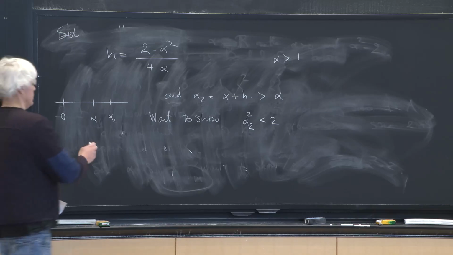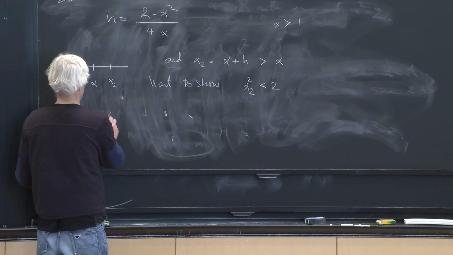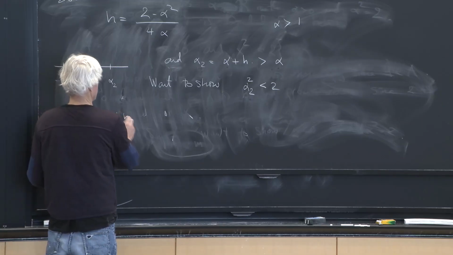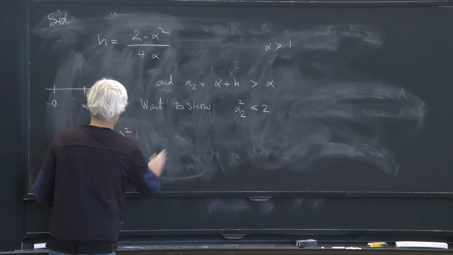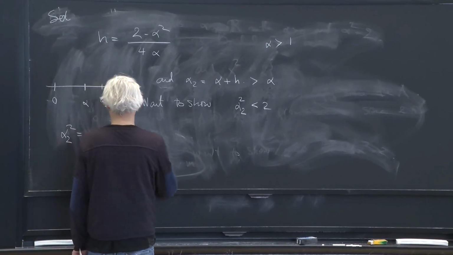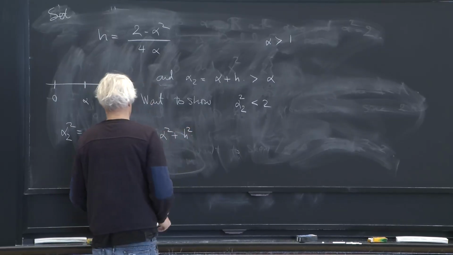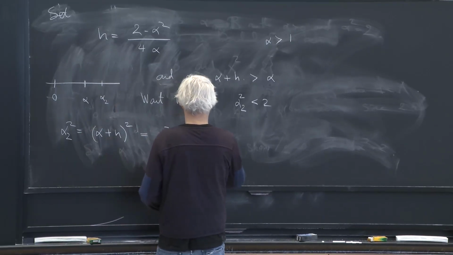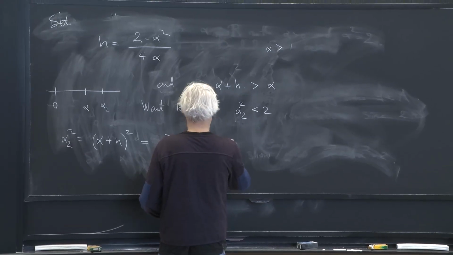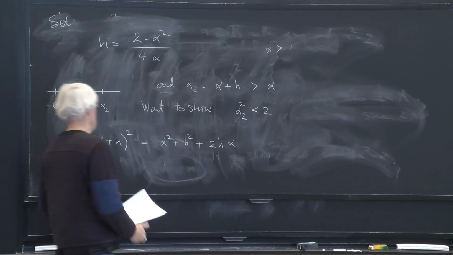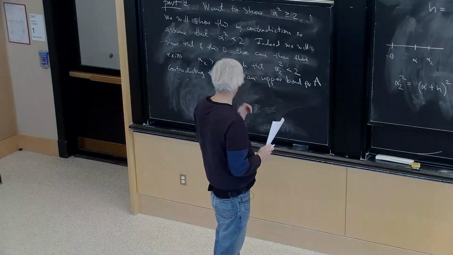So now I'm looking at alpha 2 squared, so that is alpha plus h, right? That's how I define alpha 2, and I square it. And if I do that, then I get alpha squared plus h squared plus 2h alpha, right? And so now I want an upper bound.